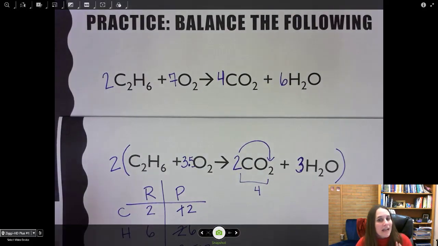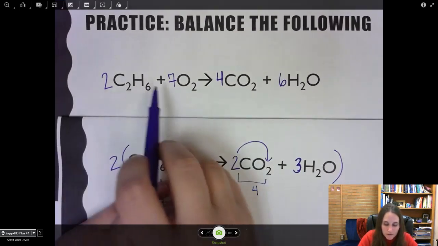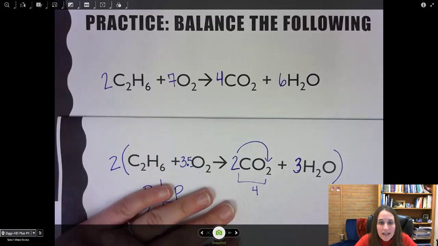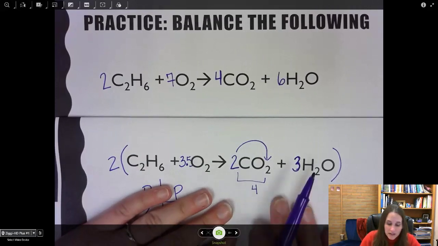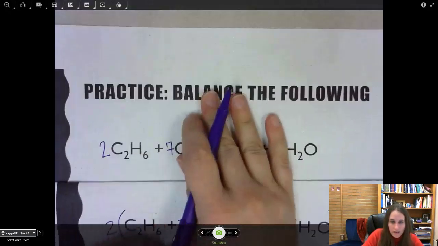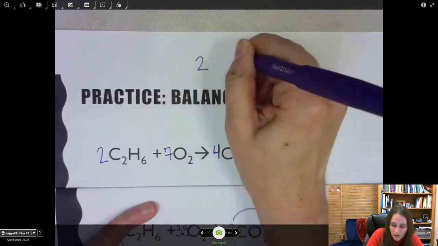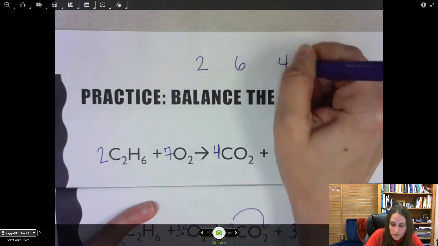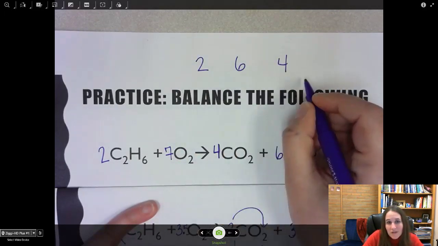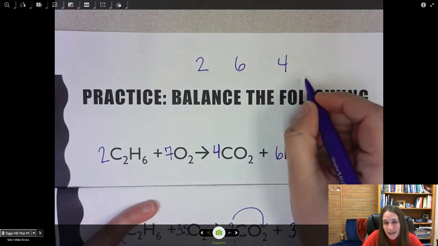So don't give me halves as your answer, but you could use halves to balance it, and if you can balance it with halves, then you take that additional step of multiplying each coefficient by 2. Now, if you have a situation, and I don't have an example of this, where you've balanced and you find at the end you realize that all of the coefficients you've used are divisible by 2, you can reduce them.